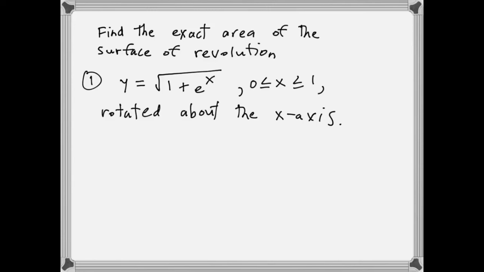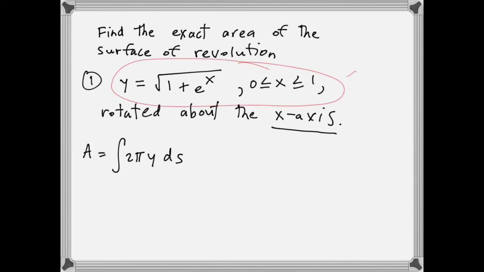All right, so since we're rotating it around the x-axis, I know that the area is going to be 2 pi y ds. Always put the opposite letter there, okay? But everything here is in terms of x, isn't it? Right? Everything here is in terms of x.